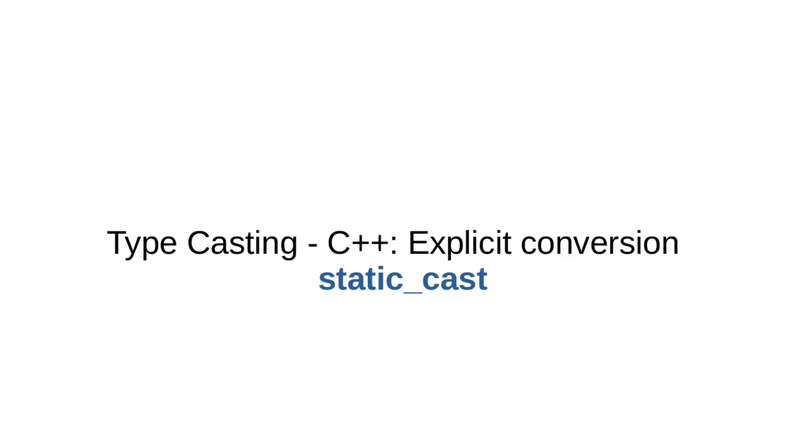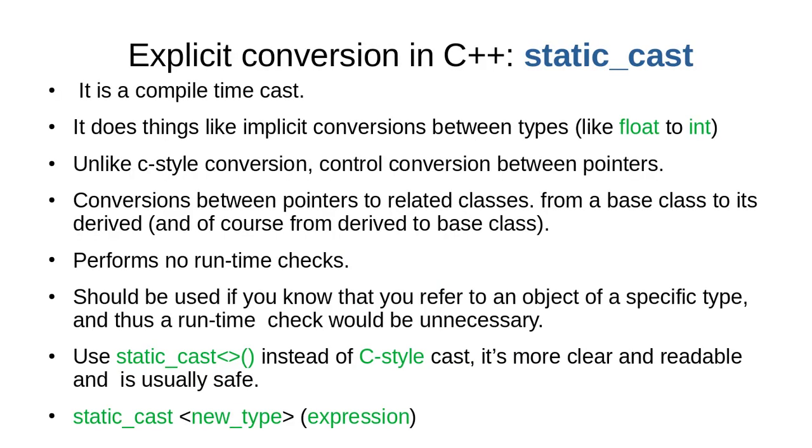The second type of explicit conversion is static cast. Static cast is a compile time cast, so it happens at compile time. It does things like implicit conversion between types, like float to integer, so we can use it the same way as we did for C style and functional type.